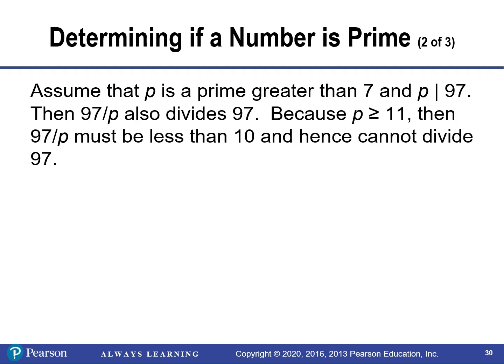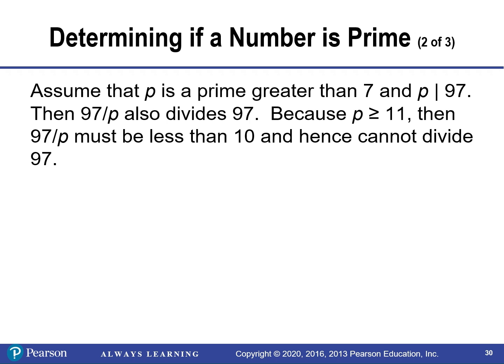But that's not enough because I need to check that no prime number less than 97 will divide it. Because after 7, there are lots of other prime numbers: 11, and so on. So let's say there's a prime number p bigger than 7 and that prime number divides 97.